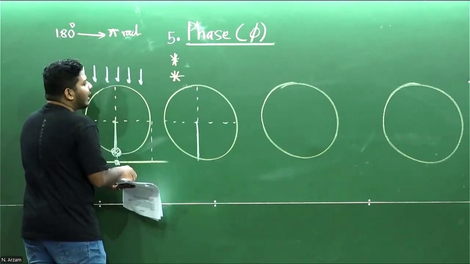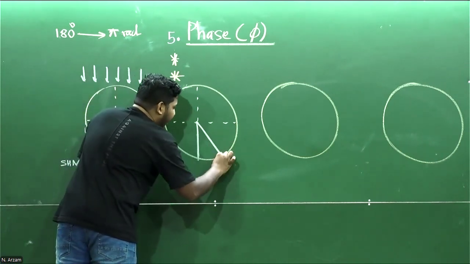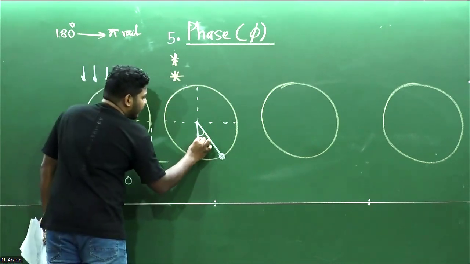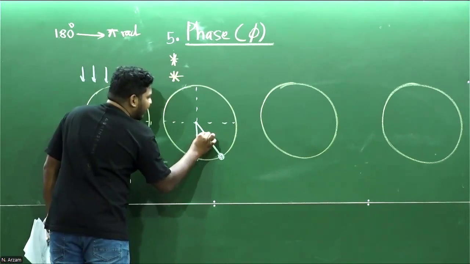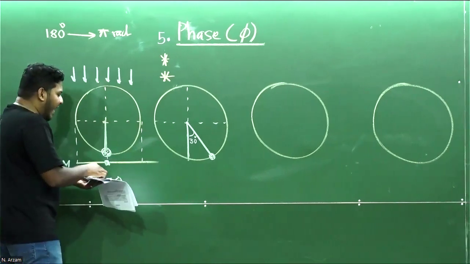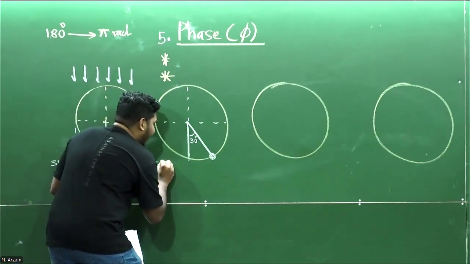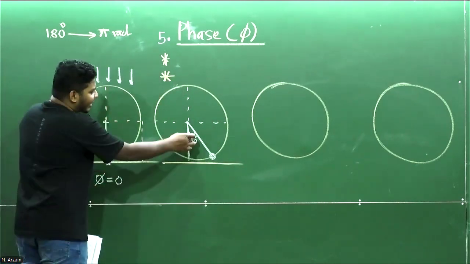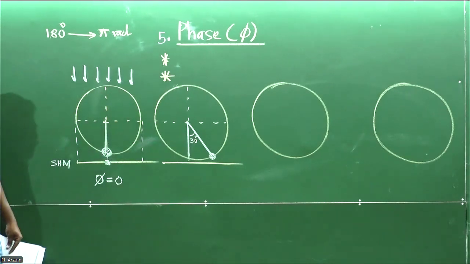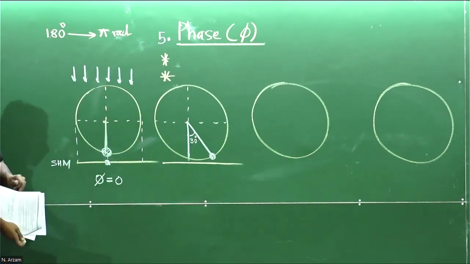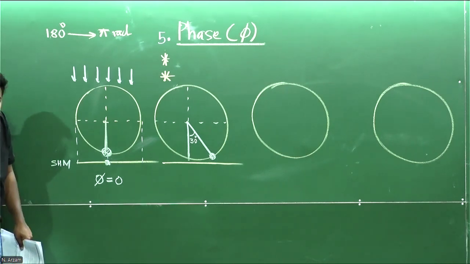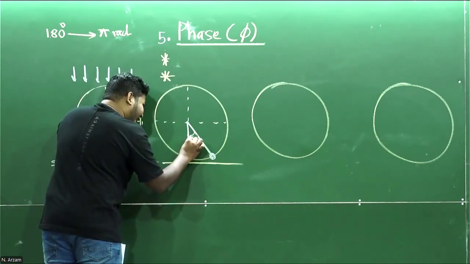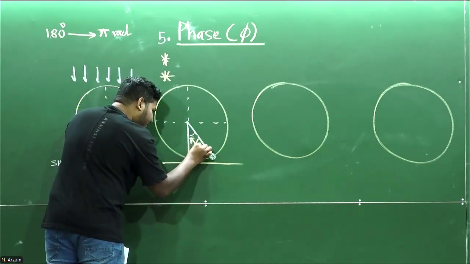If this particle rotates through an angle like this, let's say 30 degrees, can you tell me the angle in terms of pi? 30 degrees means 180 divided by 6, so pi by 6. So we can write pi by 6 instead of this 30 degrees.